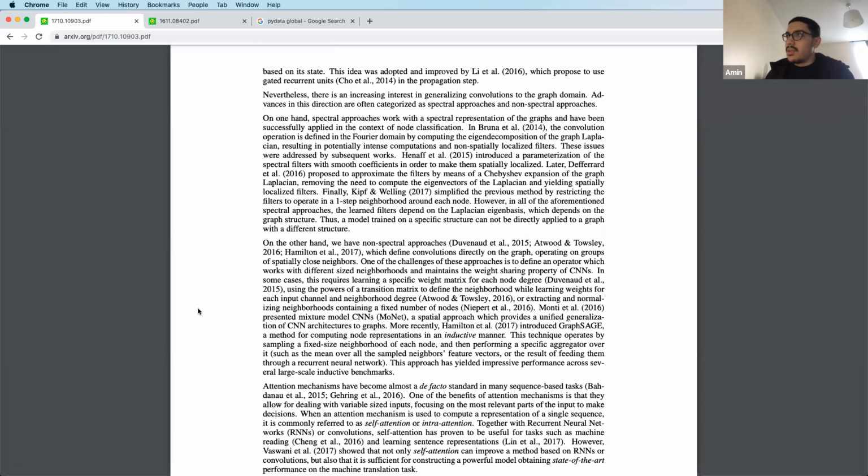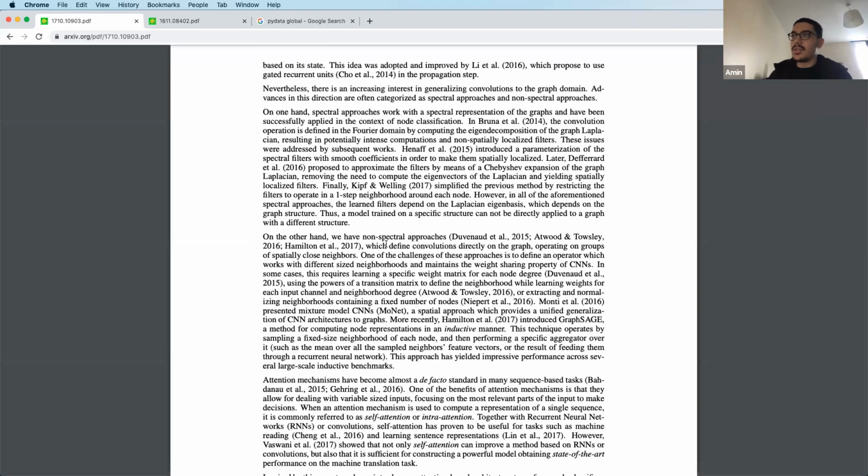They talk about convolutions and graph convolutions on graphs. These can generally be split into spectral and non-spectral approaches. For example, in the spectral approach, you would take the Laplacian of the graph and find the eigen decomposition.